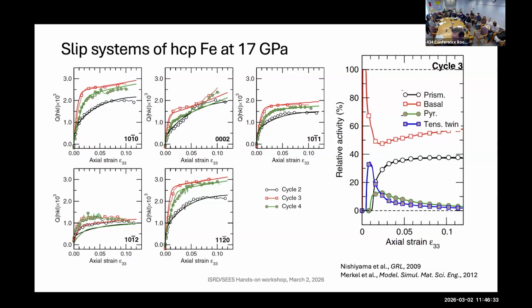Then you can see the first dominant deformation mechanism is actually twinning in this HCP iron. Then twinning drops down, this blue curve, and slip starts to dominate the deformation. This will tell you how the texture will develop. And as we know, the outer core is highly anisotropic, so understanding the texture is important.